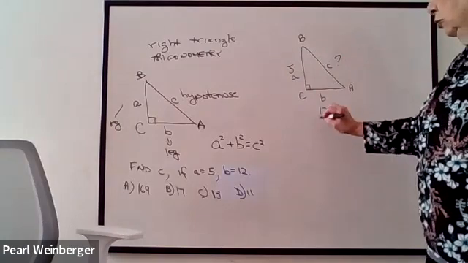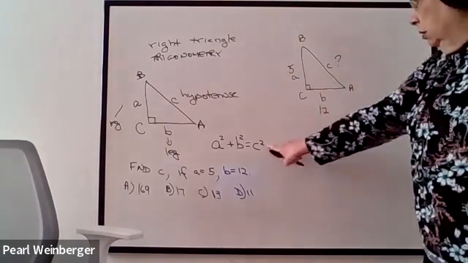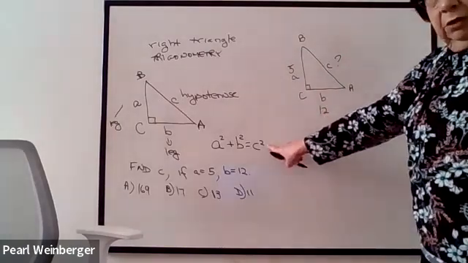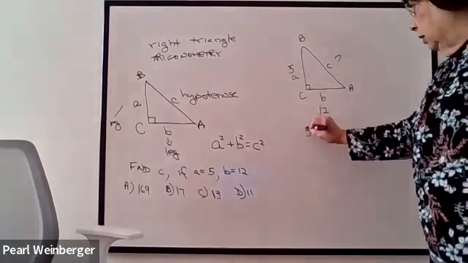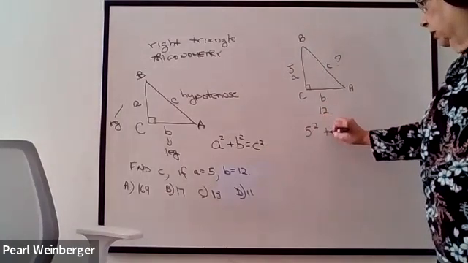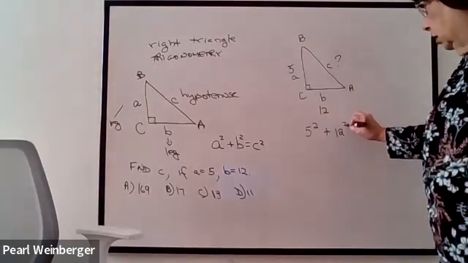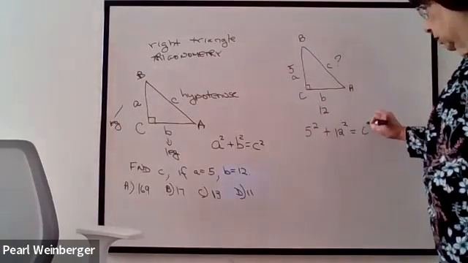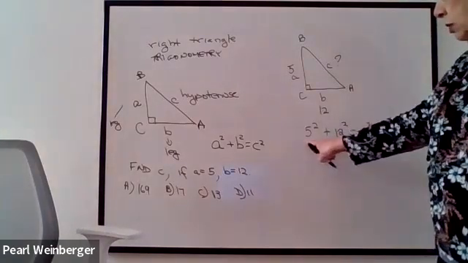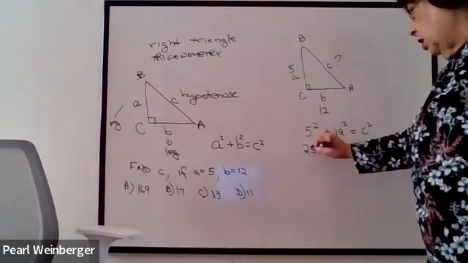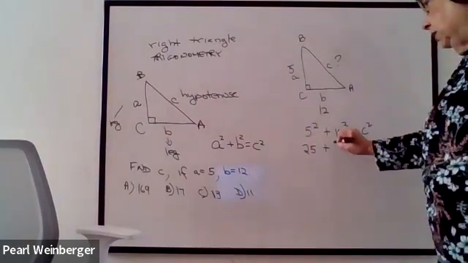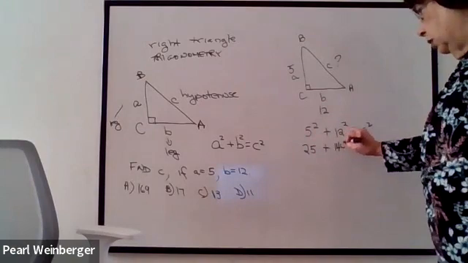So I have to do a squared plus b squared equals c squared. So I'll do 5 squared plus 12 squared equals c squared. 5 squared is 5 times 5, which is 25. 12 squared is 12 times 12, or 144.